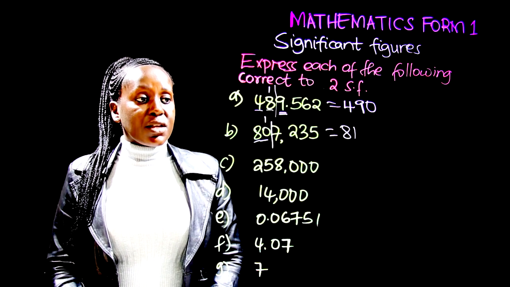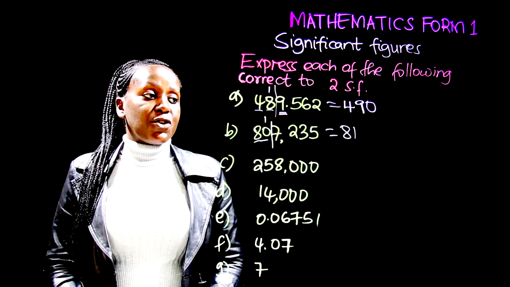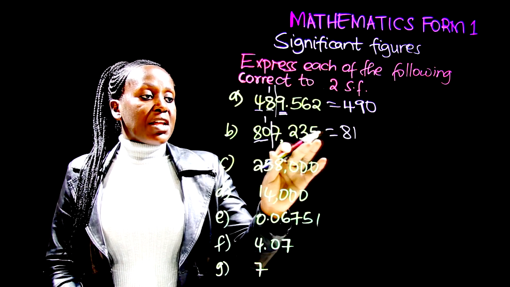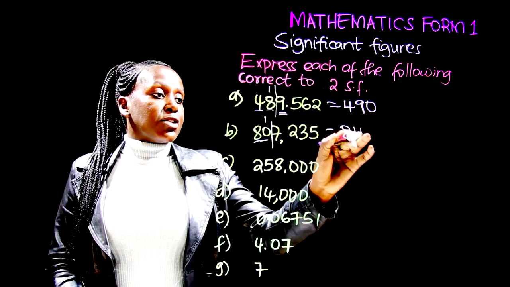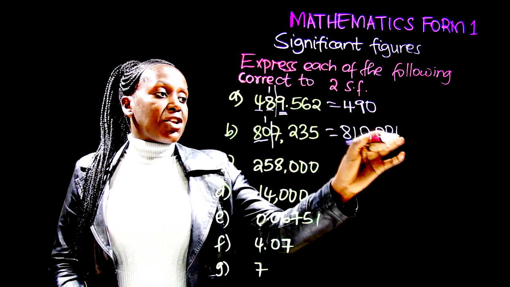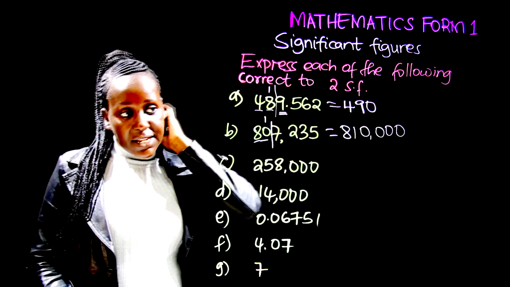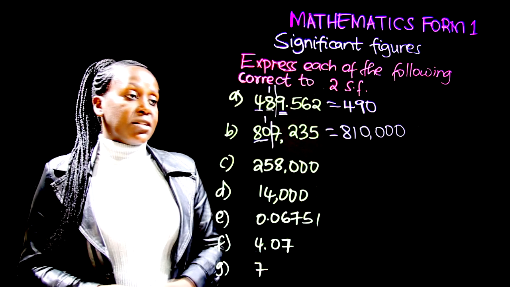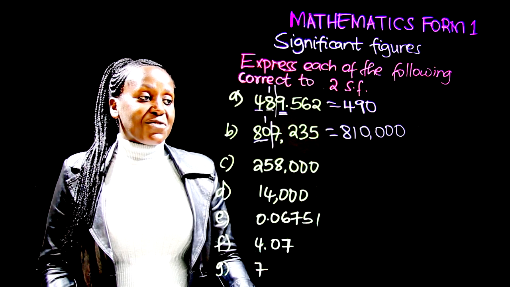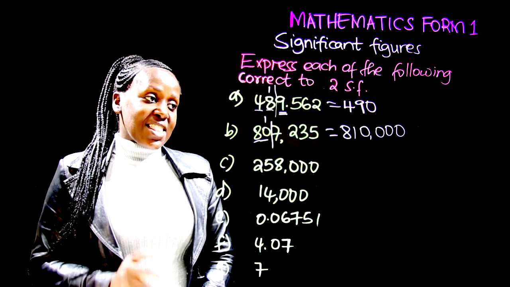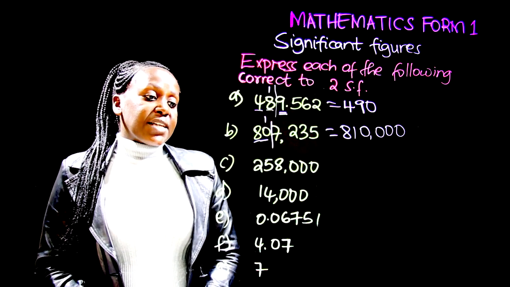No, because we will have compromised the value of the number. So the rest of the numbers, since we don't have decimal places, will be turned into 0 so that our final answer is 810,000. And it makes sense to approximate 807,235 to 810,000.